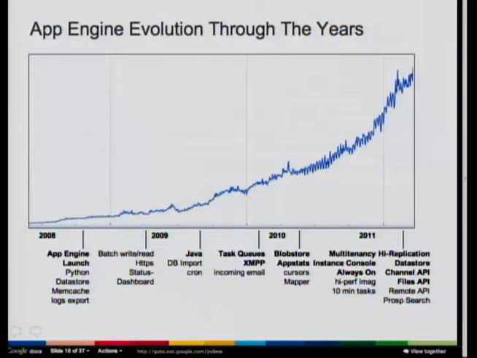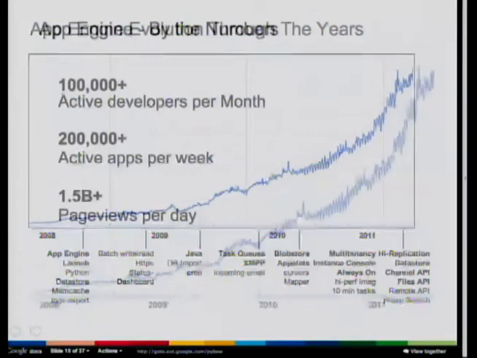Every year it continues to more than double itself, so it's definitely not linear. And as you can see, various features have been added along the way. Java was introduced in 2009. We have a whole host of new features that got introduced between 2010 and 2011. And of course, today I'll be talking a little bit more about the latest features that we're focusing on.